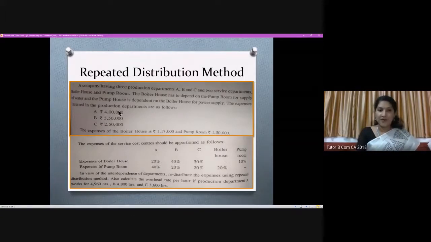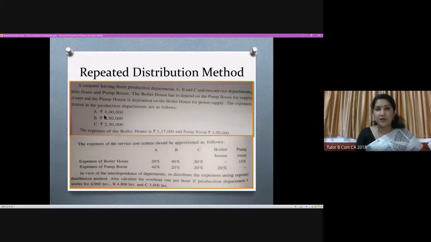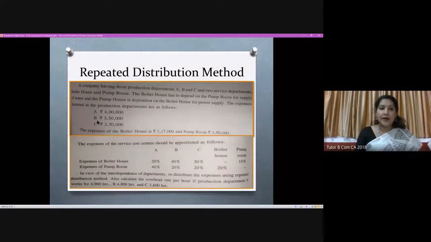Now we can carefully look at this question in front of us. We are already given the primary distribution summary, the expenses incurred in production departments. In this particular example, the production departments are A, B, and C, and the service departments are boiler house and pump room.